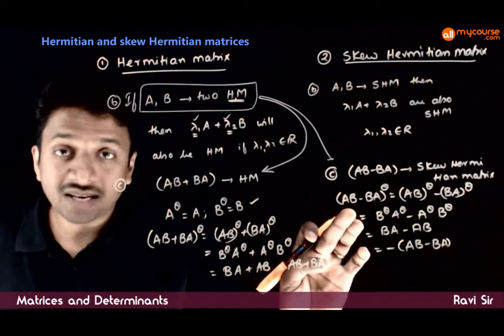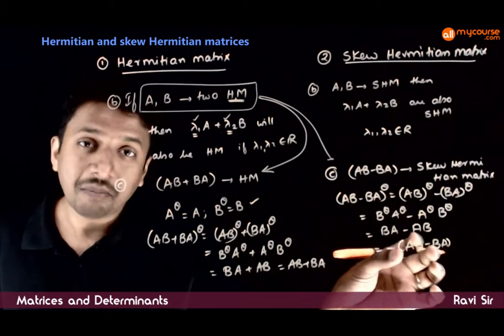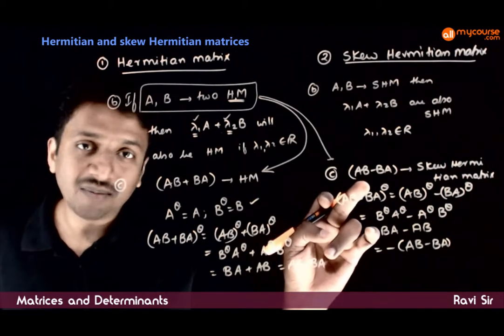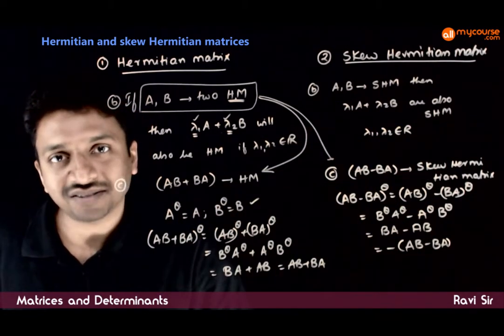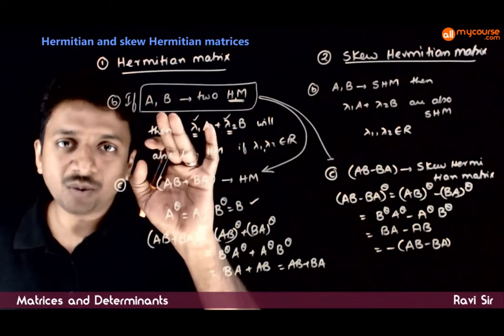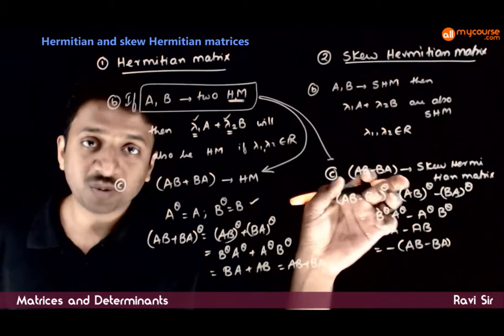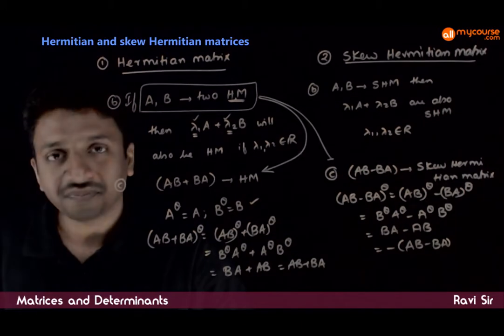So (AB minus BA) whole theta is minus of (AB minus BA). Hence, AB minus BA is a skew Hermitian matrix. So A and B Hermitian implies AB plus BA is Hermitian, AB minus BA is skew Hermitian.